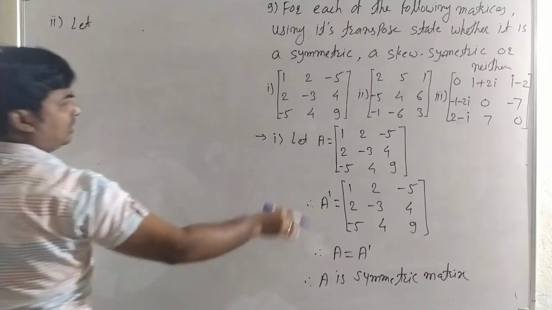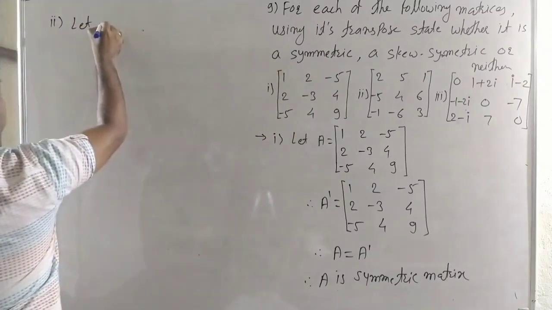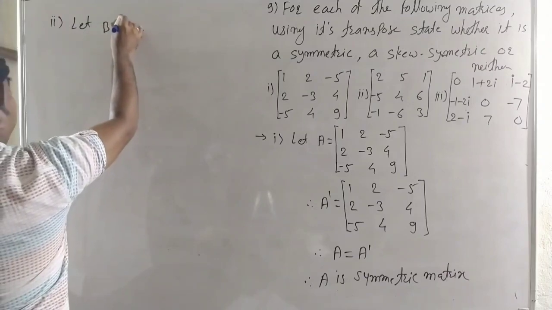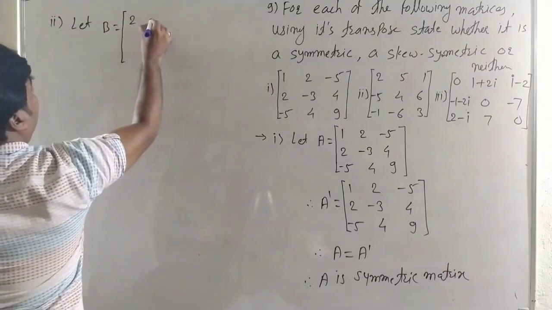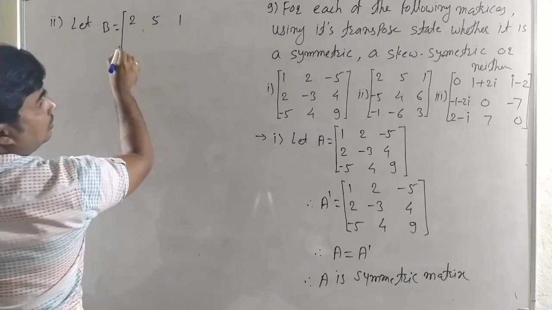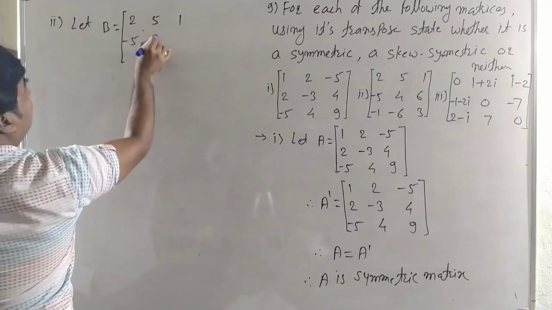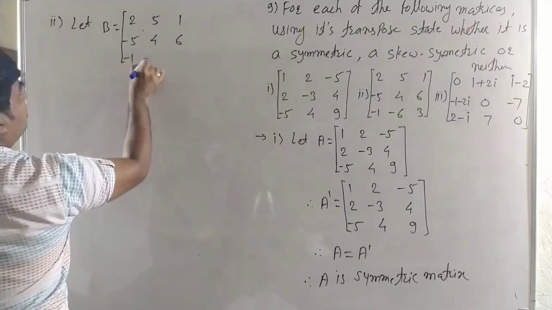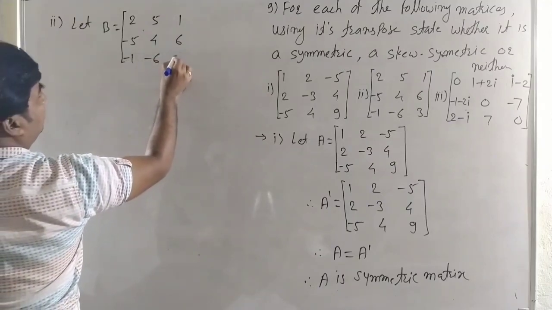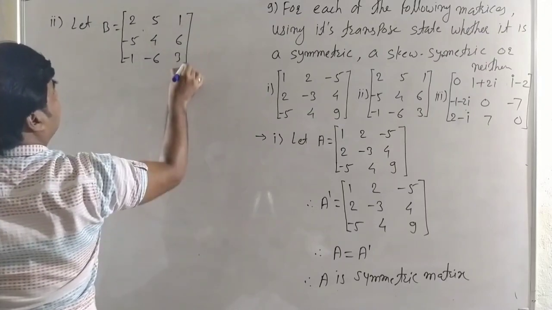Let you can take A or some other name, say B: 2, 5, 1, minus 5, 4, 6, minus 1, minus 6, 3. Okay, see carefully.